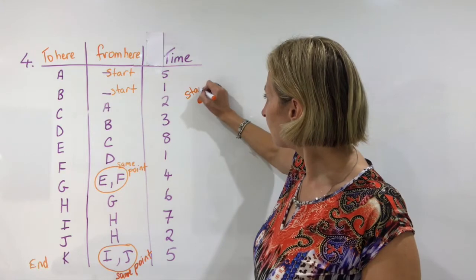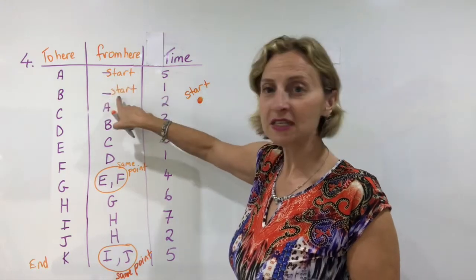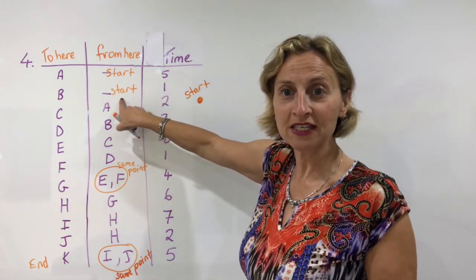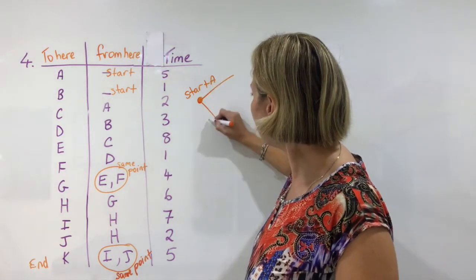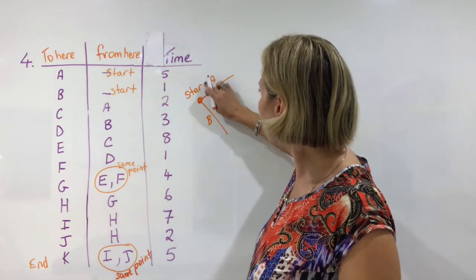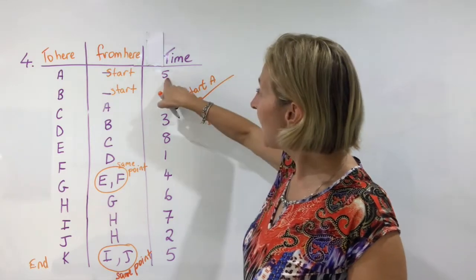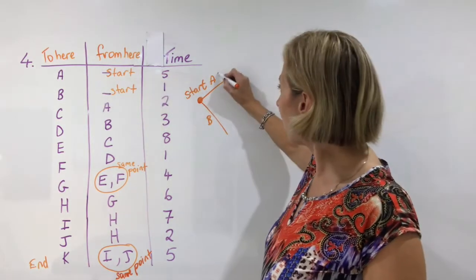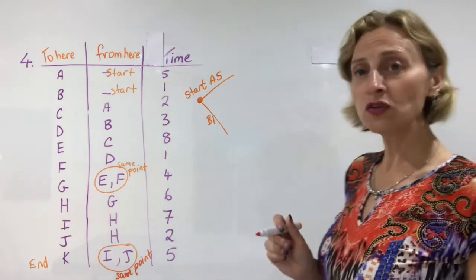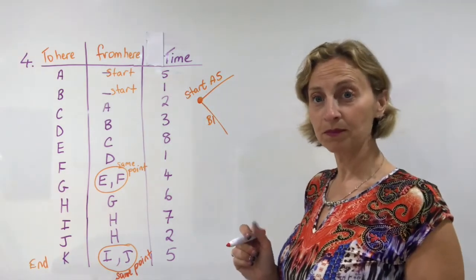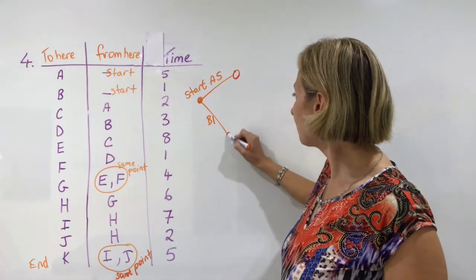Let's start. We know that from the starting point we need to go to activities A and B. Activity A and activity B. And activity A has a time of 5 and activity B has a time of 1. So we just put those numbers next to them. Let's keep going.